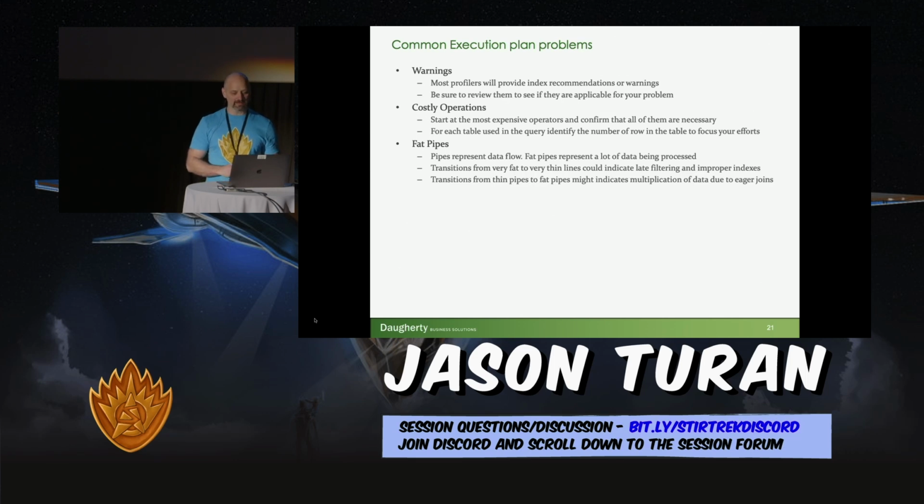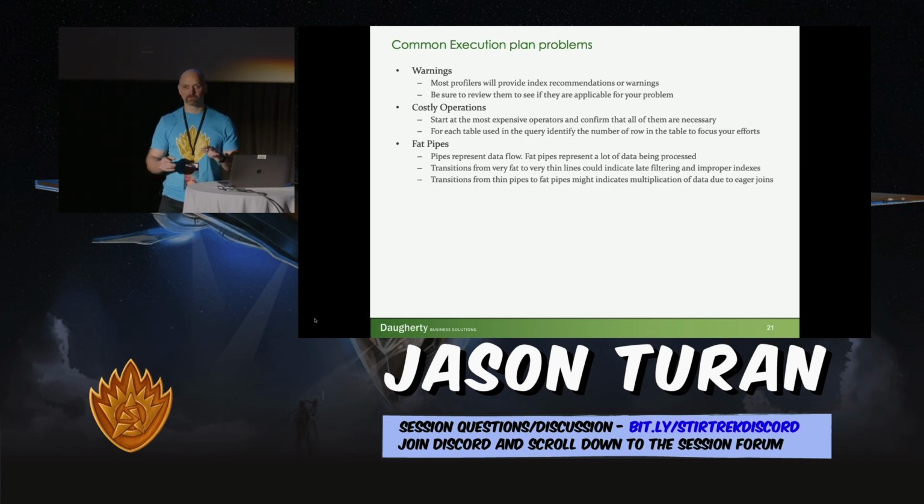That might be something you want to look into, maybe. And within the query plan, they'll generally have how many rows were processed by each operator. Obviously, you'll want to focus on the highest cost operations first, because that's where you'll get the biggest bang for your buck.